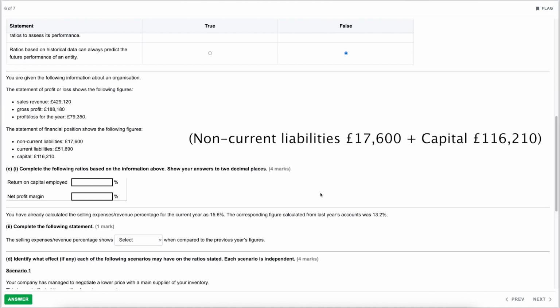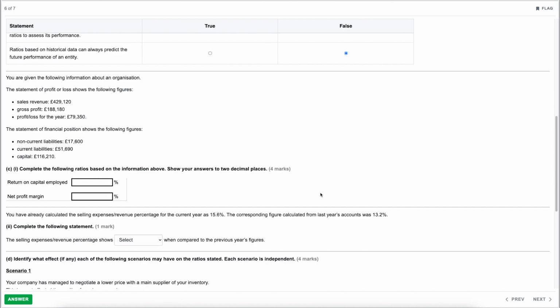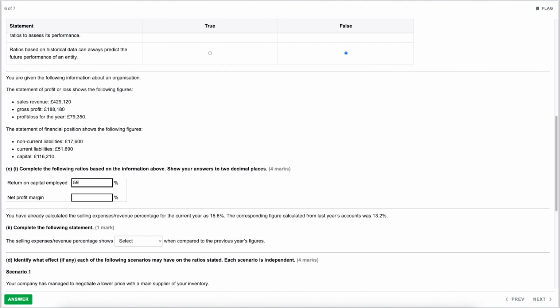And we then take our net profit, our profit or loss for the year of 79,350, and we divide it by that capital employed figure of 133,810. And then because it's a percentage, we would multiply it by 100. And that would give us 59.30%. Remember, it wants this to 2 decimal places. So 0.30.